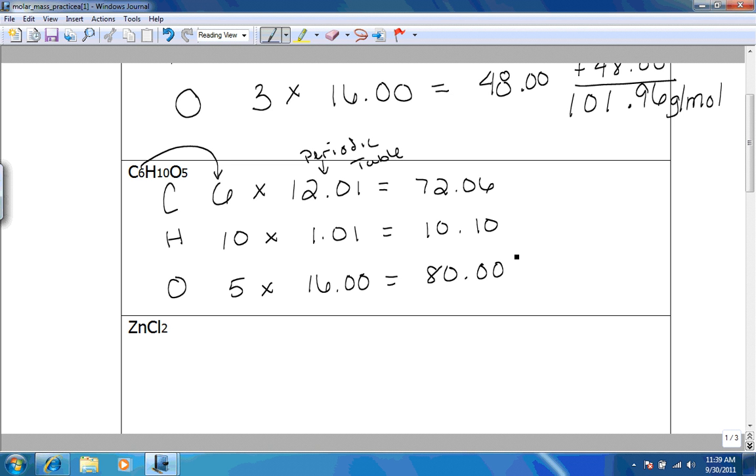So 5 times 16 is 80. So we're going to add those numbers together. That comes out to be 162.16.